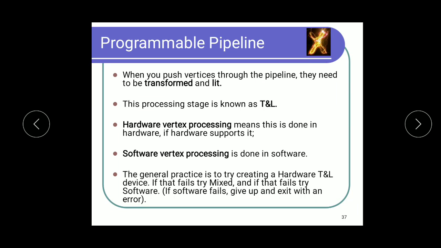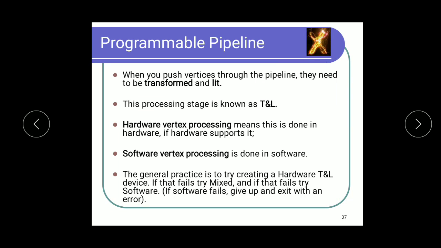Then in the programmable pipeline, when you push vertices through the pipeline, they need to be transformed and lit. This processing stage is known as T and L, transformation and lighting. Hardware vertex processing means this is done in hardware, if the hardware supports it. Software vertex processing is done in software.